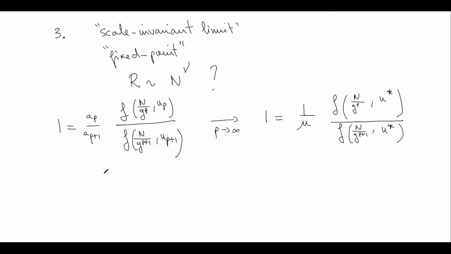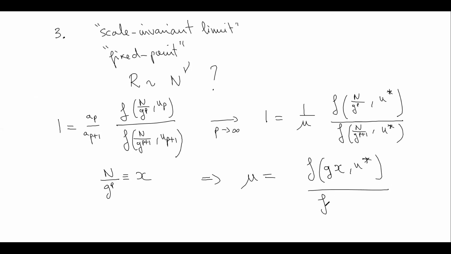And I can, if you prefer, introduce this definition. It's an X function. So I end up with mu is equal to F of gX divided by F of X U star.